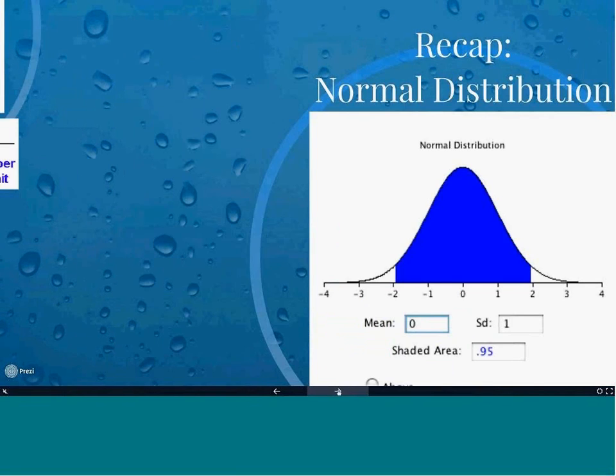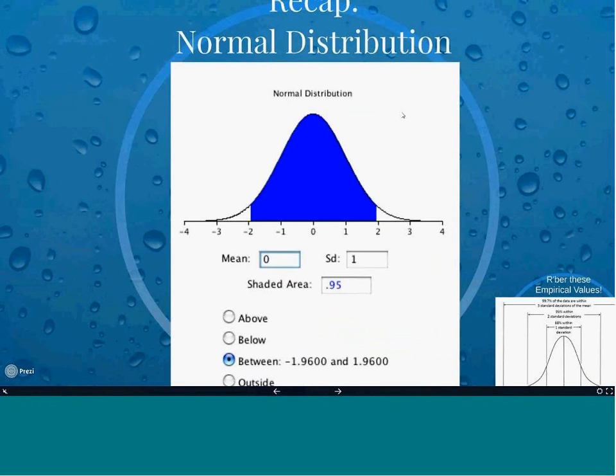And from the normal distribution in the last WebEx session, you already know the probability, the whole area under the curve shaded in blue. So what's the probability it falls between plus minus 2? Given that the standard Z mean is always 0, plus 2 and minus 2, what's the probability here?